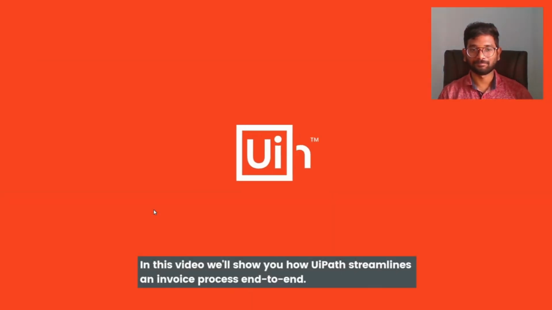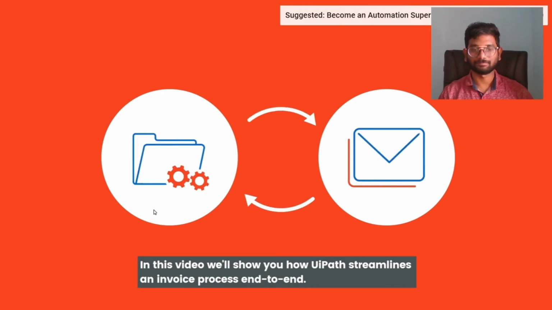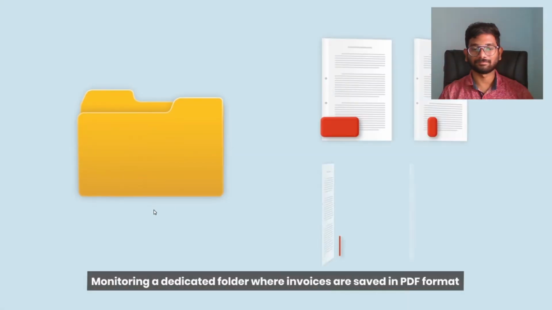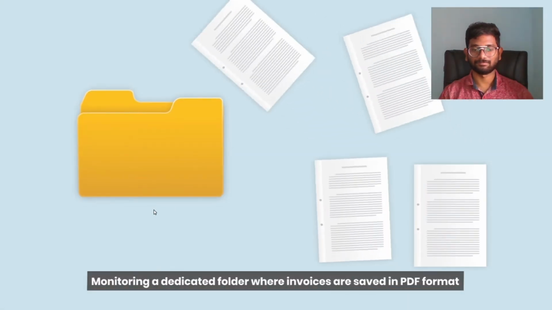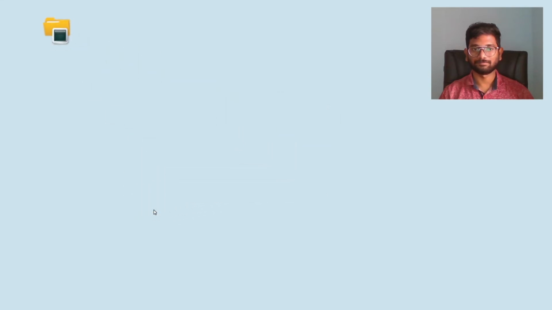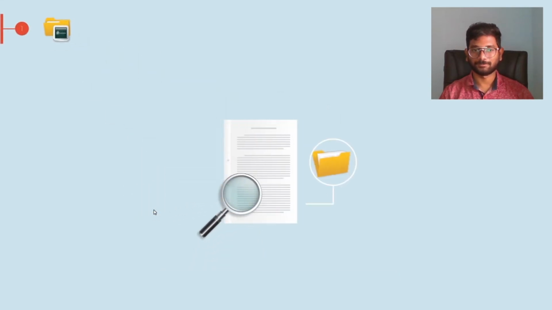In this video, we'll show you how UiPath streamlines an invoice process end to end. You are about to see a robot performing the following activities. Monitoring a dedicated folder where invoices are saved in PDF format. Reading invoices from that folder one by one.